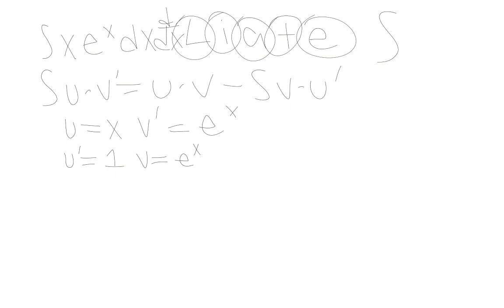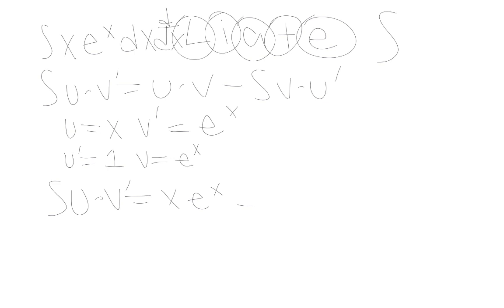So let's apply these definitions to our formula. We said that the integral of u times v prime equals u times v minus the integral of v times u prime. So I'm going to write here that the integral of u times v prime equals, what did I say u was? I said u is x. So x times v, which is e to the x, minus the integral of v times u prime.